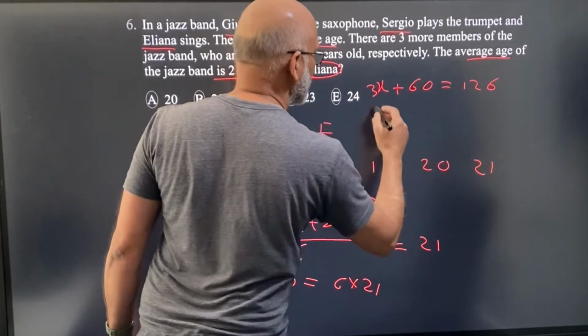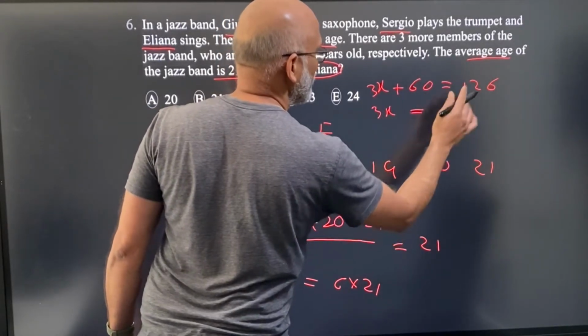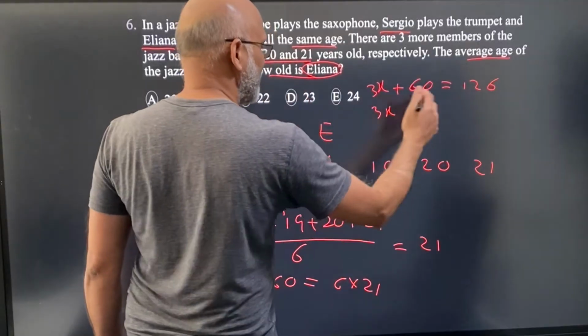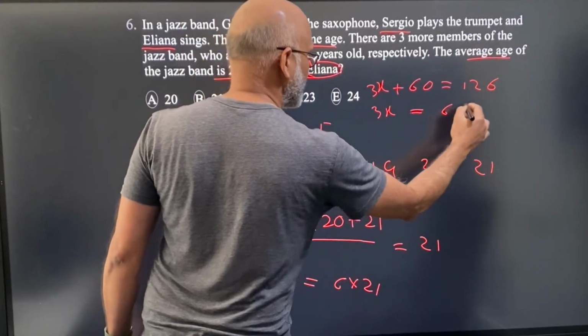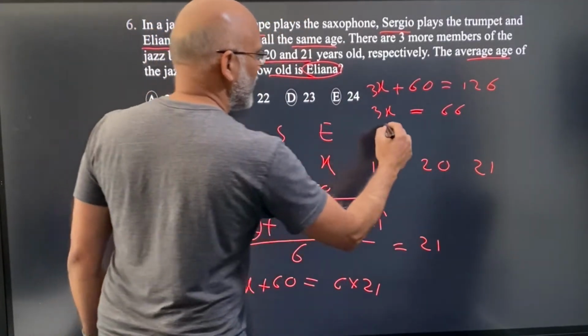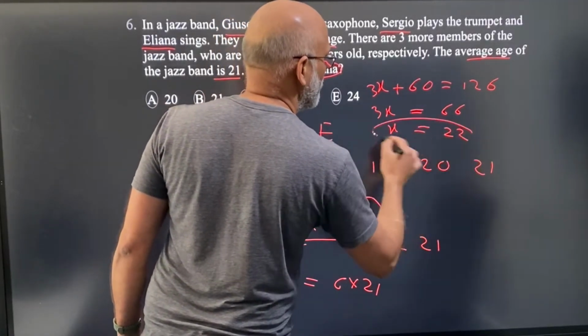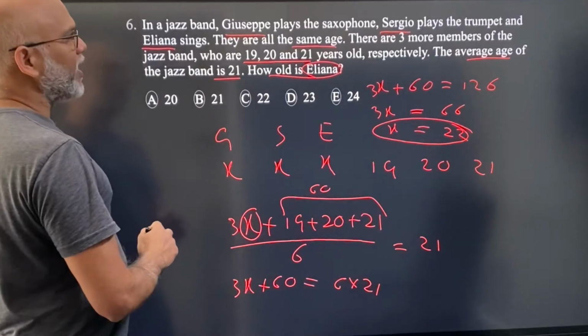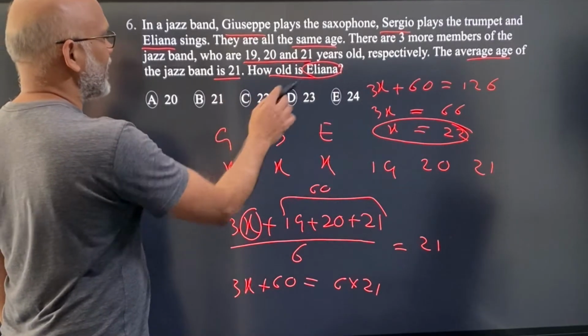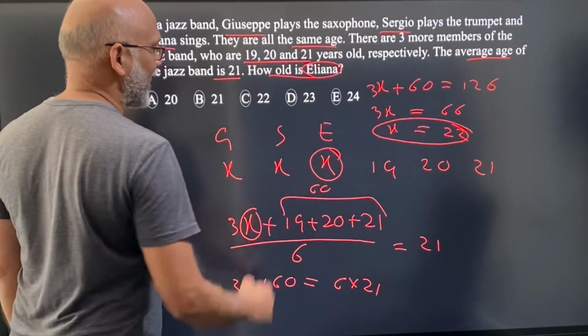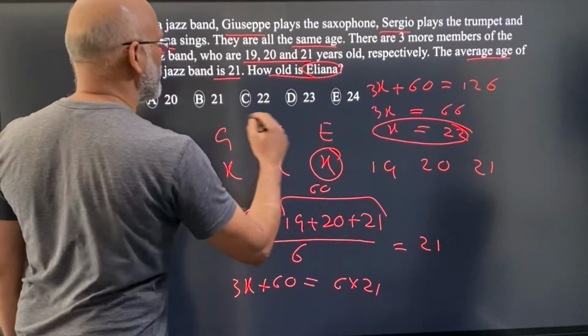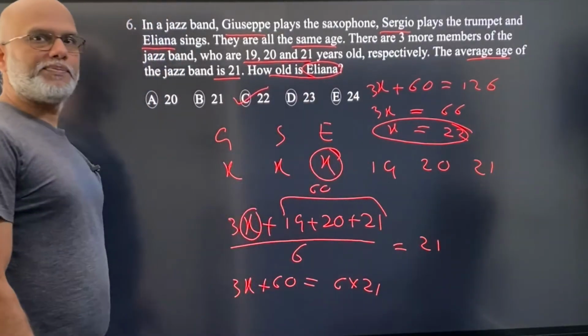I take 60 to the other side: 3x is 126 minus 60, which is 66. Then x is 66 by 3, which is 22. What is it asking? How old is Eliana? I assumed she's x years old, so x is 22. C is the correct choice.